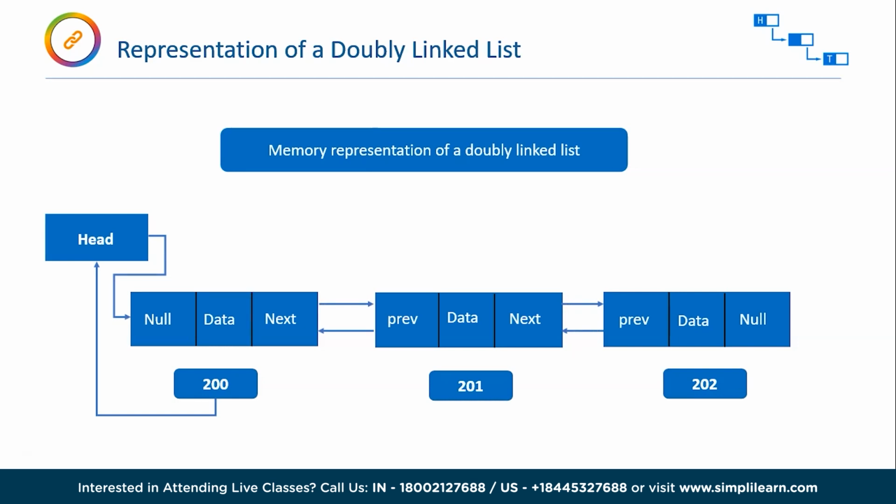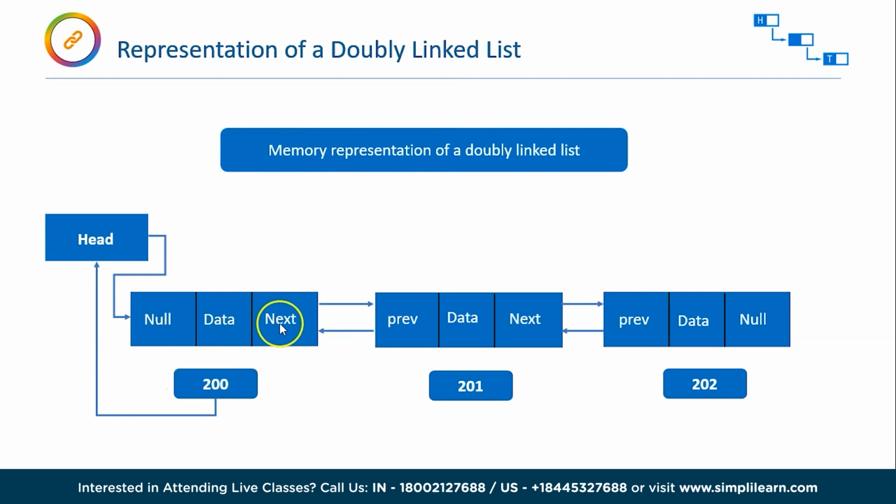In this example, if you consider three nodes in the list, each node consists of the data and the address parts of the previous as well as the next node, stored at random addresses like 200, 201 and 202. The address of the first node is stored in a special node called the head node. The first node's previous pointer is pointing towards the null value here, indicating no nodes before it.